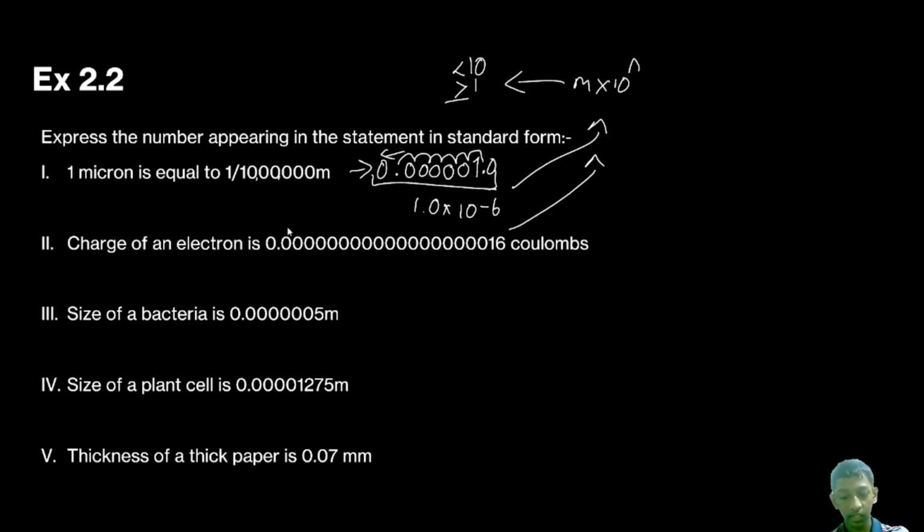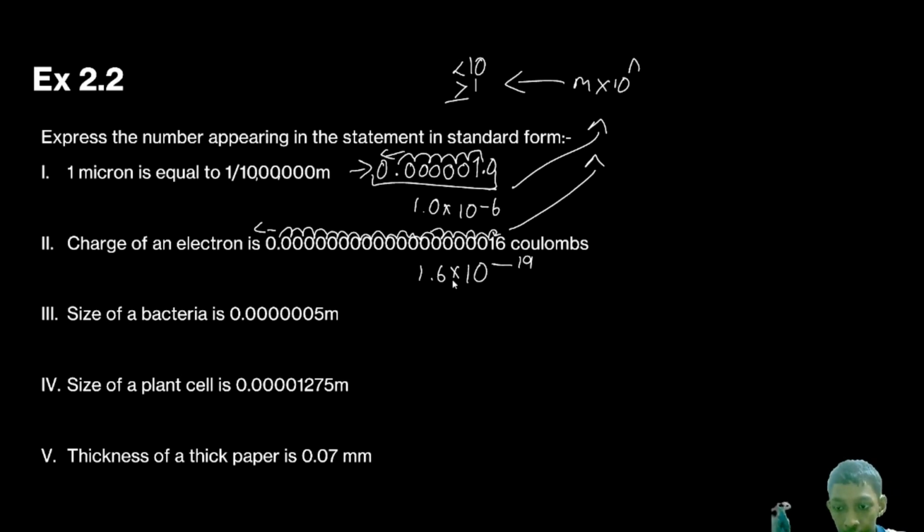Since the decimal is at the left, we will have a negative exponent. So let's see how many places it has to shift. 1, 2, 3, up to 19 places. So this is 1.6, and 1.6 is greater than 1 and less than 10. So this is 1.6 into 10 raised to the power of minus 19.